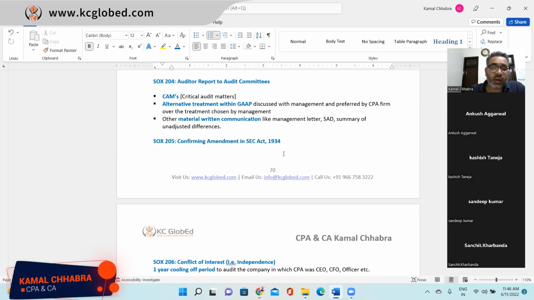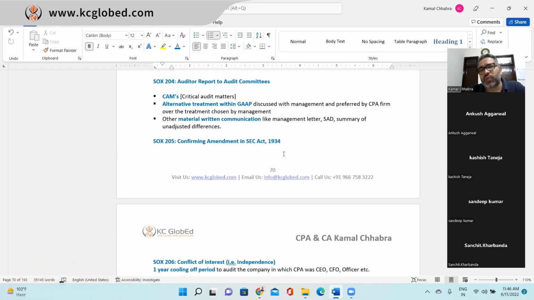Second, what procedures you have performed and how comfortable you are by performing those audit procedures. All this information you need to provide in a separate section of your audit report, called the critical audit matter section. Make sense?